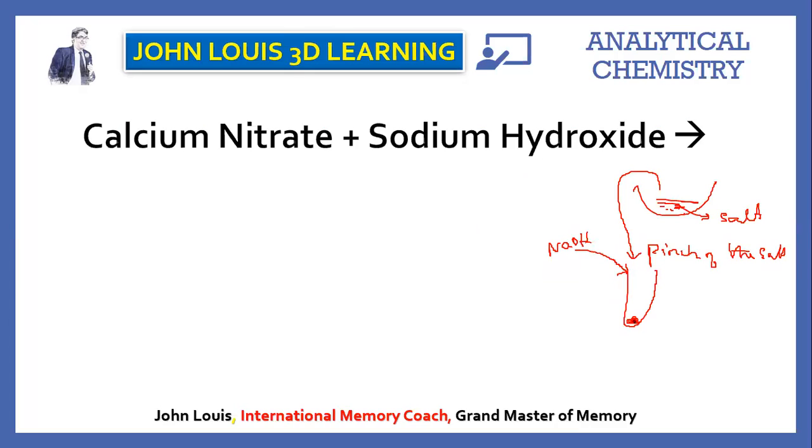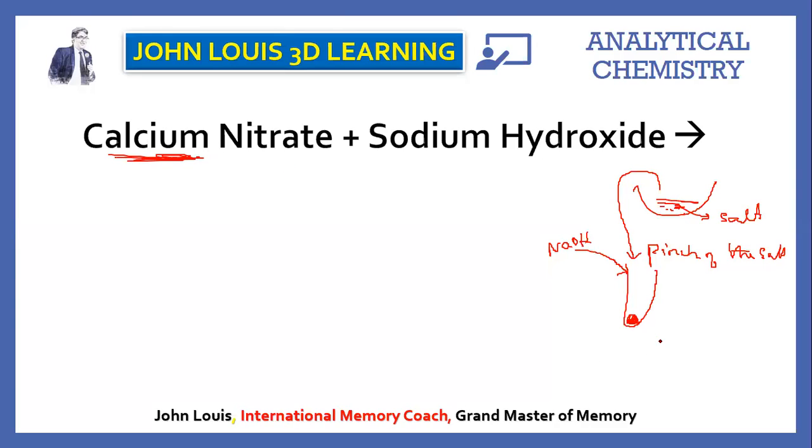What will happen? Whatever positive ion is present in the salt will react with sodium hydroxide and form a product with a specific characteristic color based on that positive ion. So here, what is the ion present? Calcium, right?